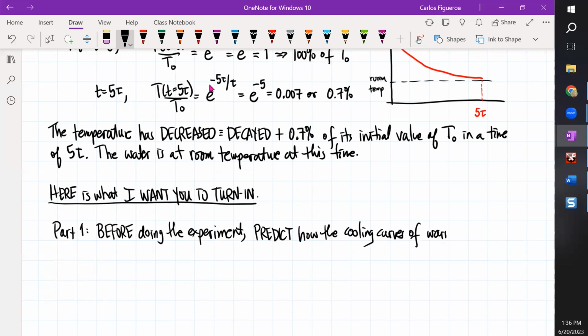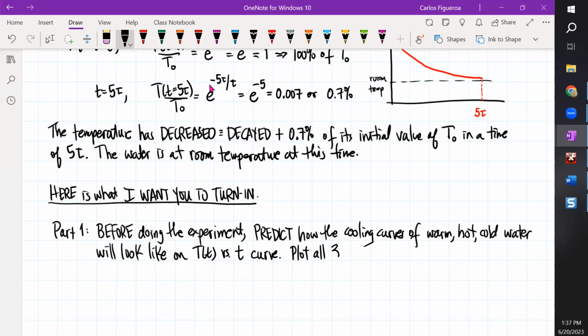Of warm water, hot water, cold water will look like on the T versus time curve. Make sure you plot all three on the same graph. Okay? Plot all three on the same graph.